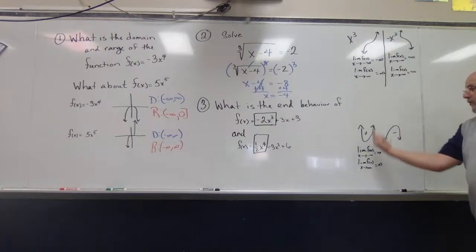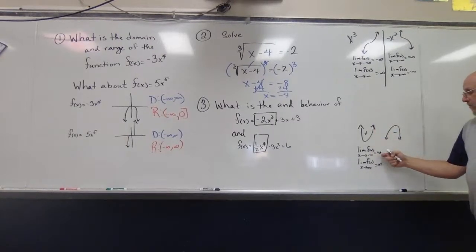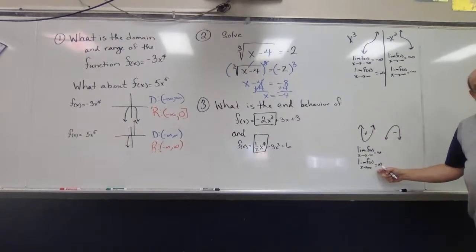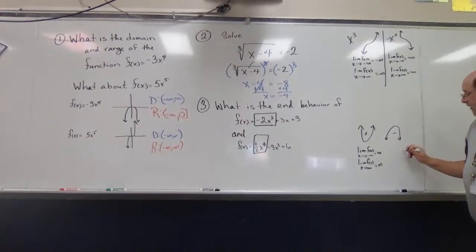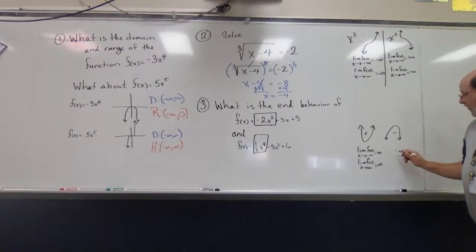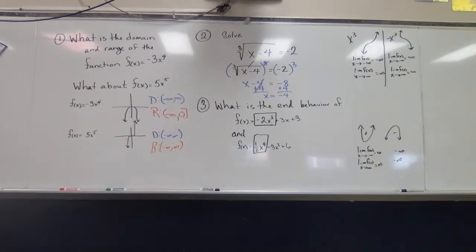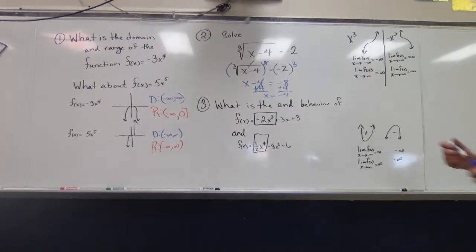So for the one that's pointing up, both are pointing up infinitely, and then both will be pointing down infinitely. I just don't feel like writing the whole thing. Cool? Cool. All right.